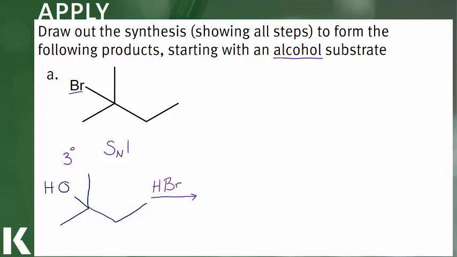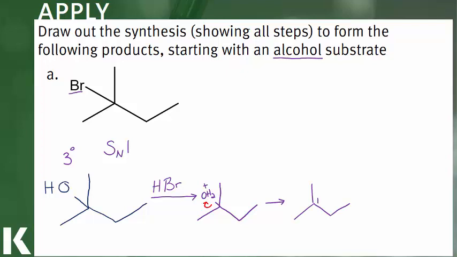So let's draw out the steps here. So the first step would be the protonation of our alcohol. Notice that now we have water as a leaving group. So whenever the water leaves, we would be getting a carbocation intermediate.